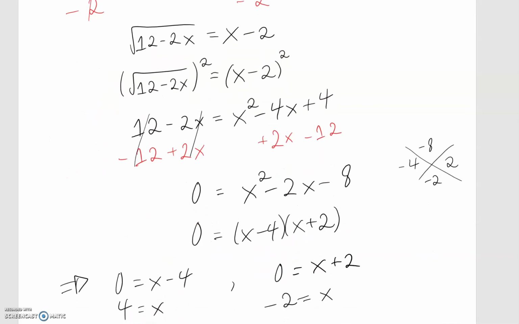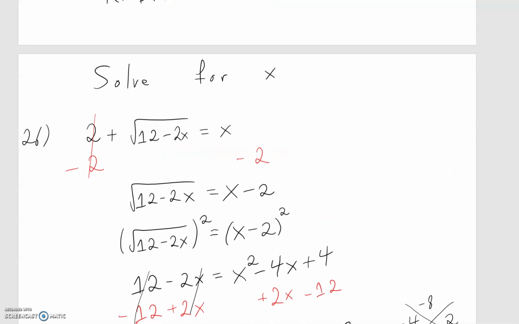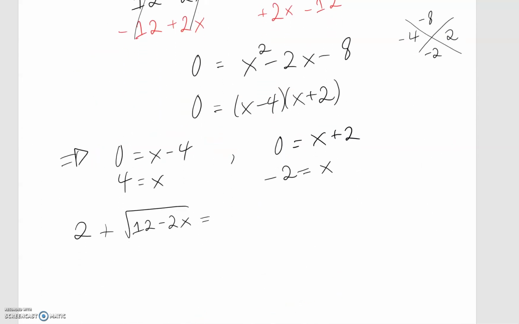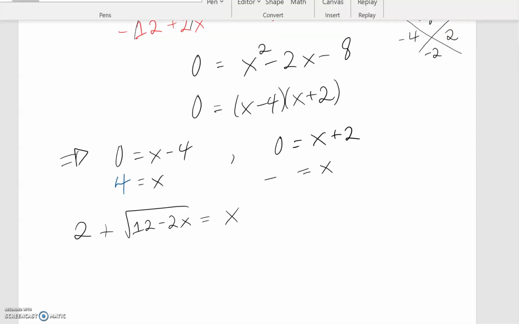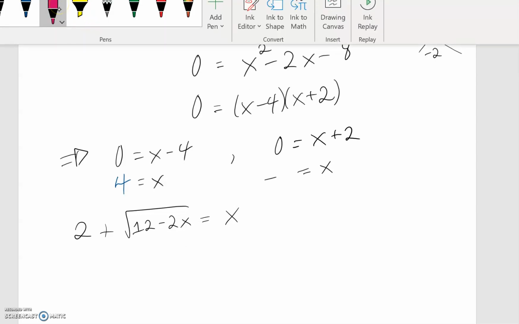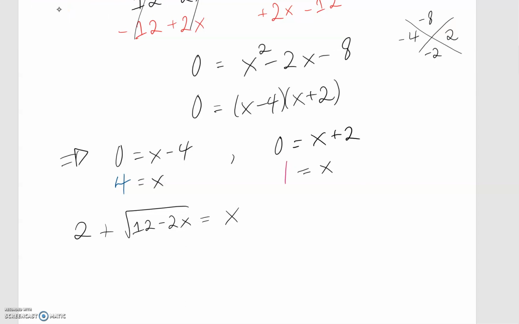Oopsie, one moment here. Equals x. So I need to check my solutions here. Let me color code these two solutions. This one I'm going to write in blue. This other one I'm going to write in hot pink.